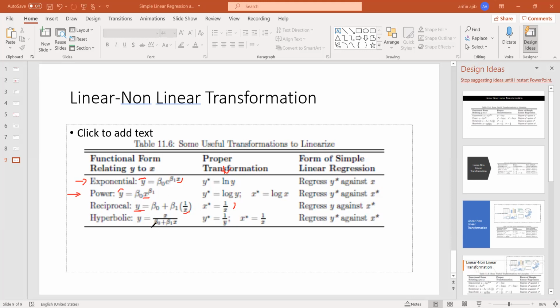As well as for the hyperbolic function, you can replace y with 1 by y and x with 1 by x using a new variable, maybe g or z, something like that. Then you can express it as a linear equation.